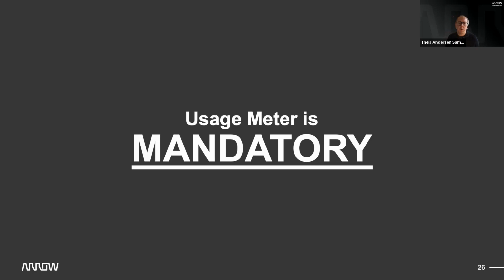You report this number, you reset the counter, but just before you do that, you screenshot it, very manually, for reference. So if you were in a compliance check, you would need to produce a screenshot to support the current connection counter. A little difficult, but that's the way it is. But for everything else that is supported by usage meter, you must use usage meter. It's not an option.